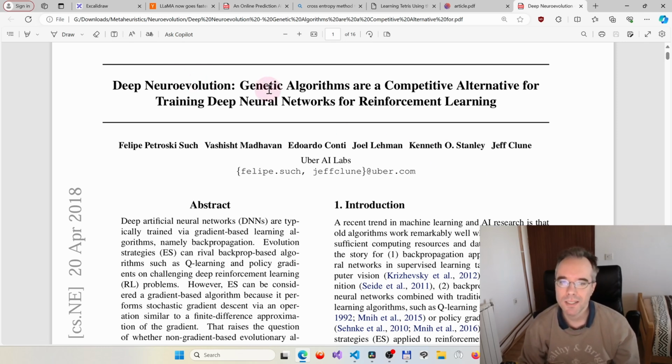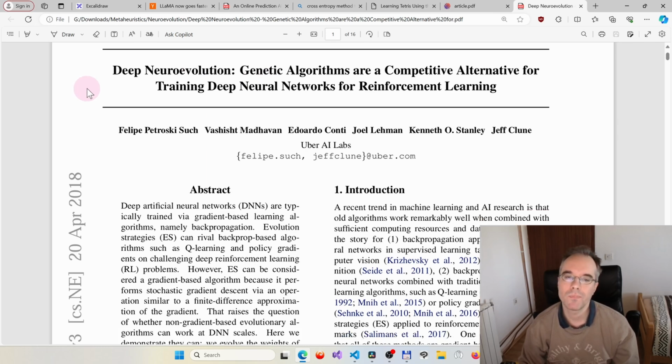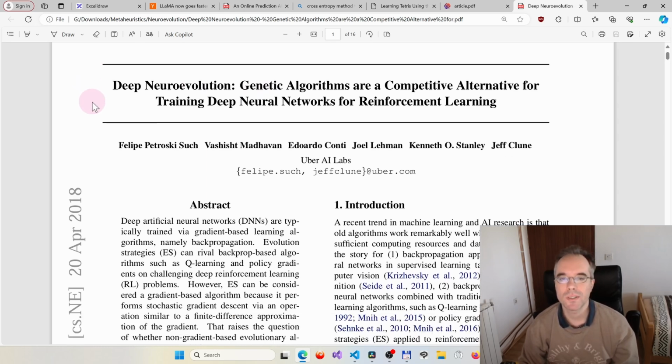And the title of this paper is a spoof on the OpenAI paper, which came out, who knows, maybe a couple of months before it.